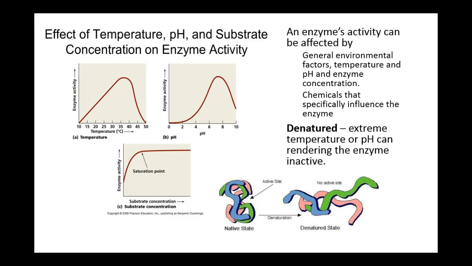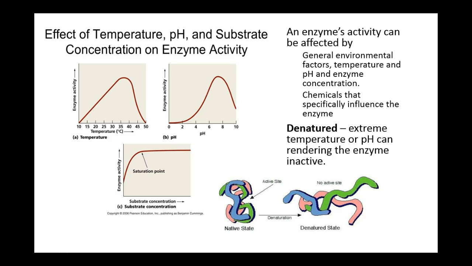Some of the things that affect enzymes: temperature, pH, concentration of the substrate, and each enzyme is very specific. So it's not just that enzymes work at a specific temperature. Each enzyme works at its own optimal temperature, and we consider this optimal conditions.